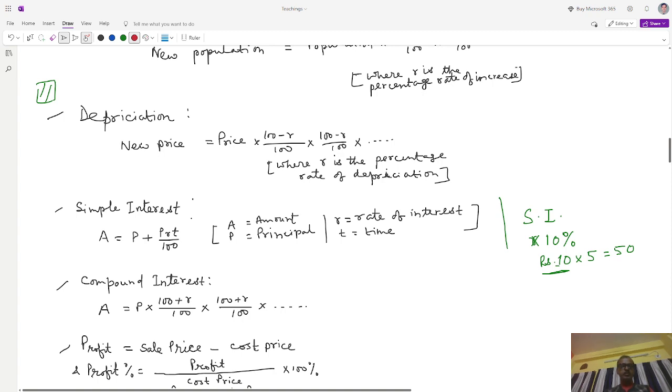The formulas are, for simple interest, A equal to P plus PRT by 100, where A is the amount, P is the principal, R is the rate of interest, and T is the time. Whereas for compound interest, A equal to P into 100 plus R by 100 into 100 plus R by 100 into so on.